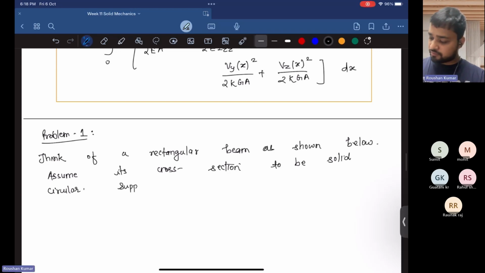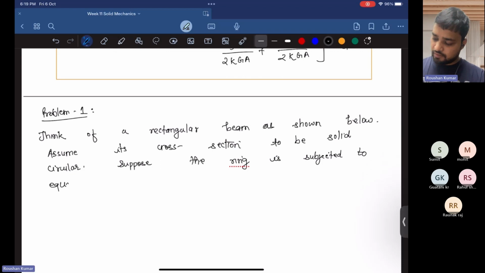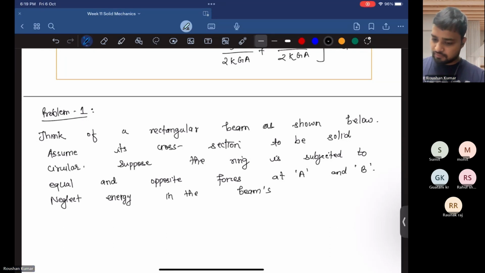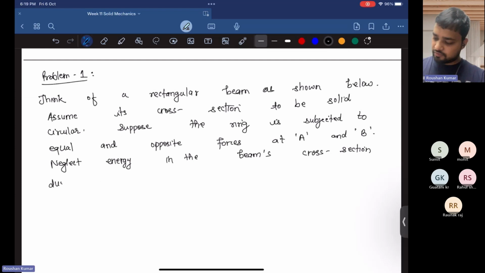Suppose the ring is subjected to equal and opposite forces at A and B. Neglect energy in the beam's cross section due to shear force and axial force.